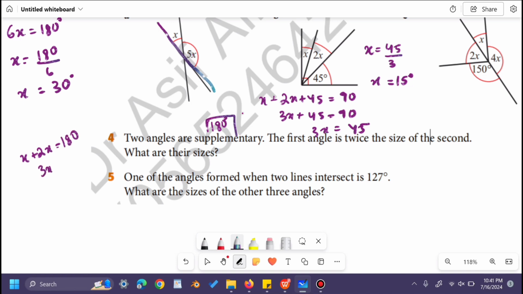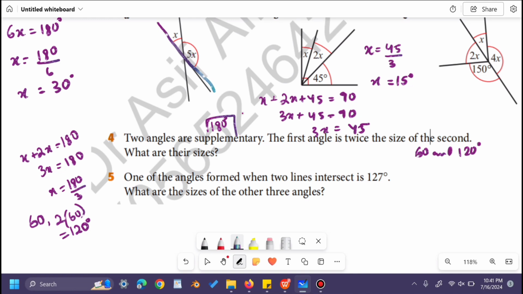So we can say 3x is equal to 180 degrees and x is equal to 180 divided by 3 which is going to be 60. So अगर एक एंगल 60 है उसका twice क्या होगा 2 into 60, that is going to be 120 degrees. तो हमारे पास आंसर 60 and 120 degrees. And we can also check कि 60 plus 120 actually 180 degrees ही बनता है.